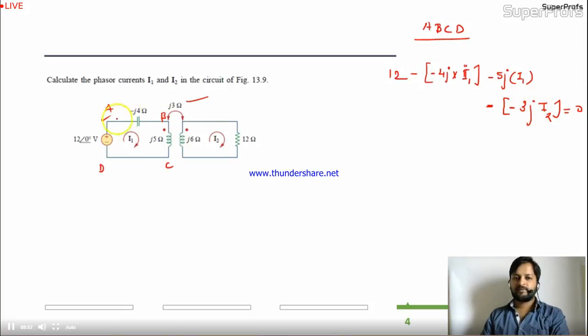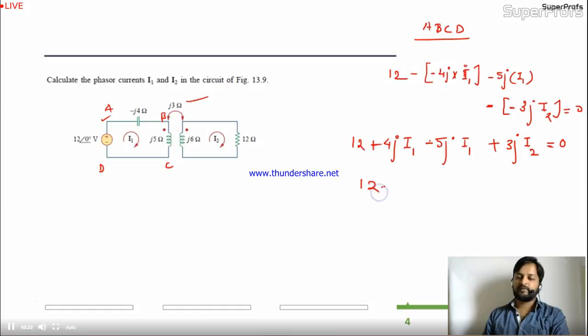This minus sign is because of the voltage drop we are considering, and this minus sign is because of the series opposition. Now if you resolve this equation, you will get 4jI1 minus 5jI1 plus 3jI2 equal to 0.